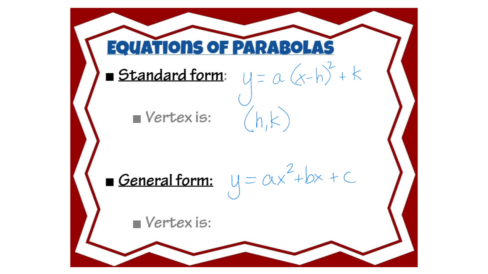What we have is a way to find the x value of the vertex. It is negative b over 2a, looking at these two values in your equation. Once you have that, you're just going to plug that number back in.